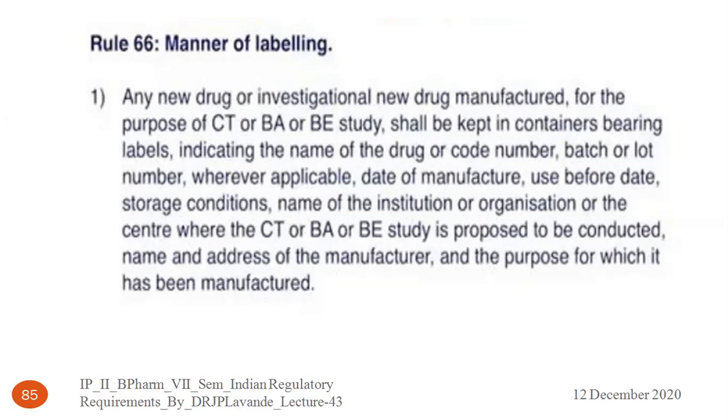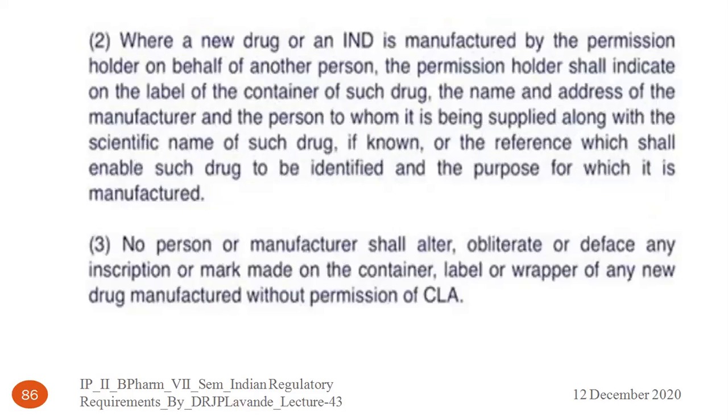All this information needs to be mentioned on the product which is going to be manufactured for clinical trial or BABE or testing or analysis or examination. So that is Rule number 66.